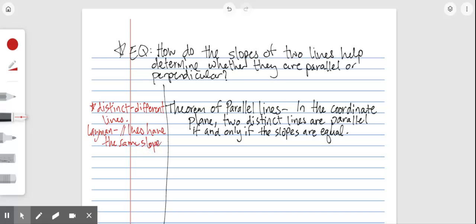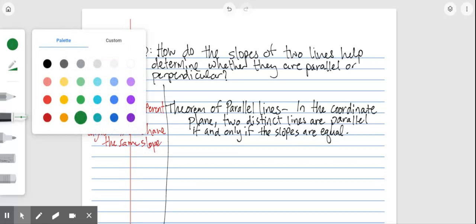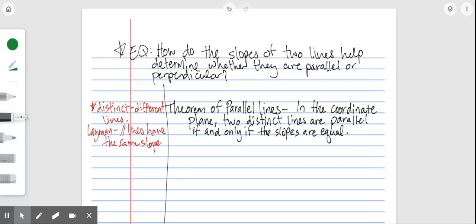Okay. And then I want to add a little bit of notation station really quick. Right here, it says if and only if. In the future, I might abbreviate if and only if to IFF, like this. And that means if and only if.